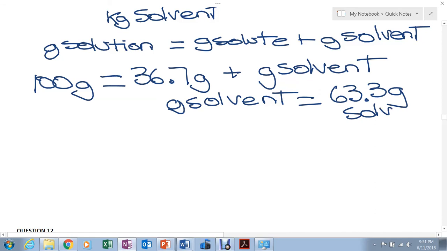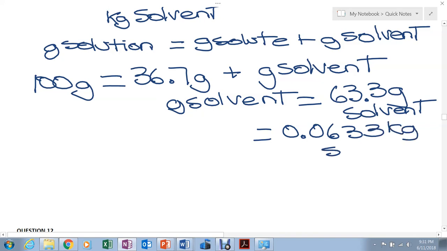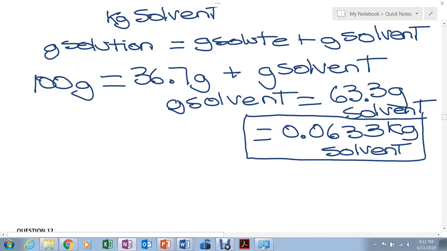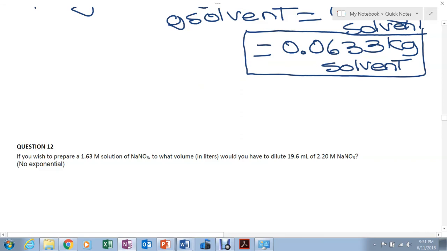Now in the formula we have to use kilograms of solvent, so it's going to be 0.0633 kilograms of solvent. Just as a recommendation, if you don't understand how I got that, review the conversions between liter, milliliter, the density formula, and grams to kilograms.